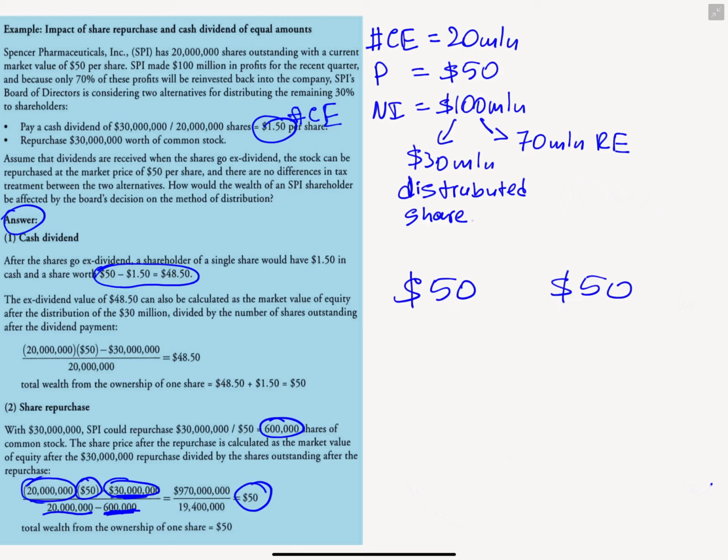Кто остается в компании, у тех каждая акция будет стоить $50. А кто свои продал по $50, они ушли.